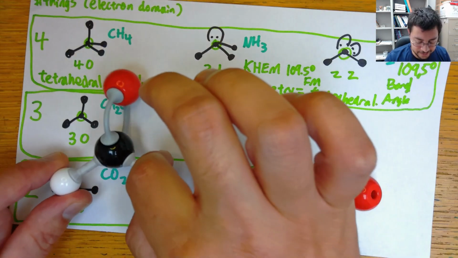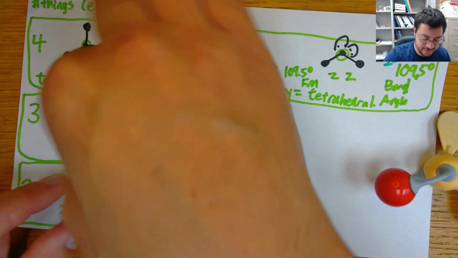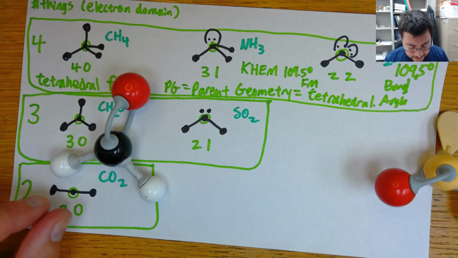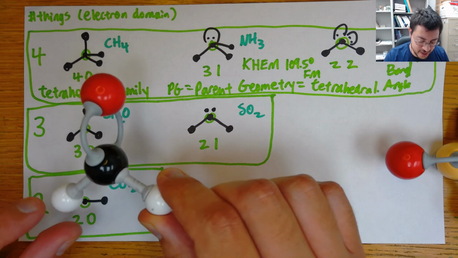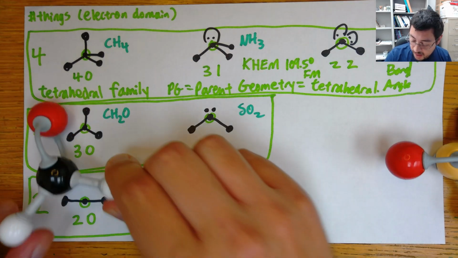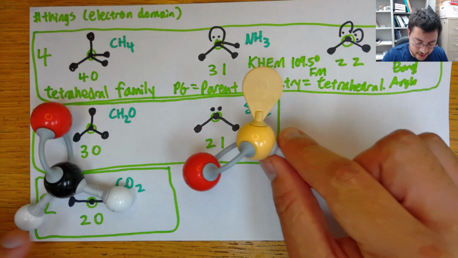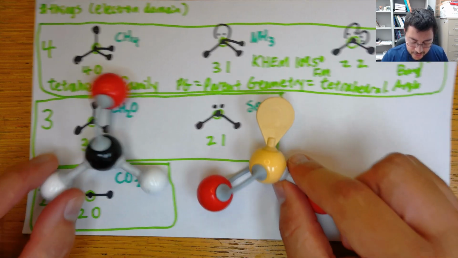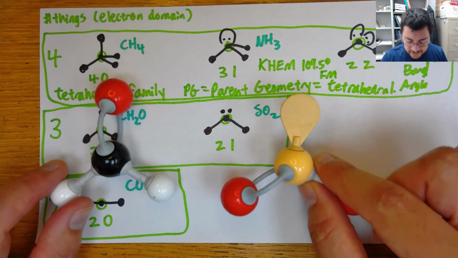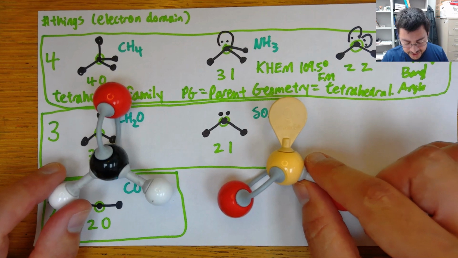Back when fidget spinners were popular, people would call this the fidget spinner shape. Or kind of like a peace sign. And similar thing here, except we have a lone pair up here on the sulfur for sulfur dioxide. But we get this same sort of flat peace sign fidget spinner shape.